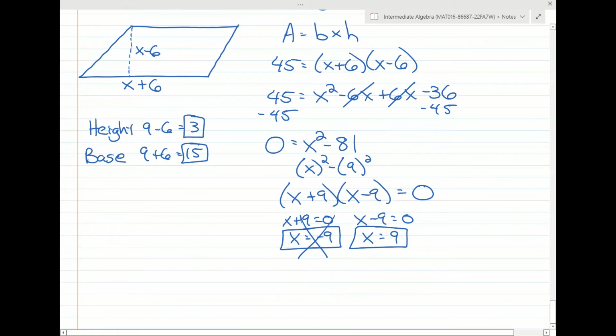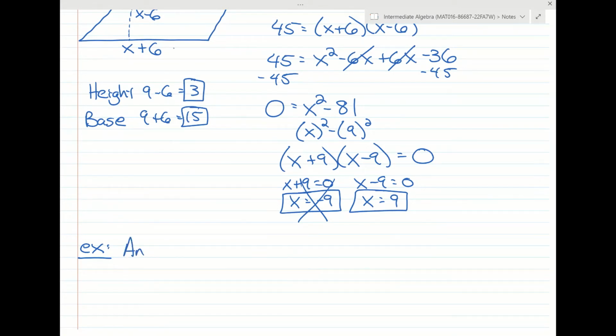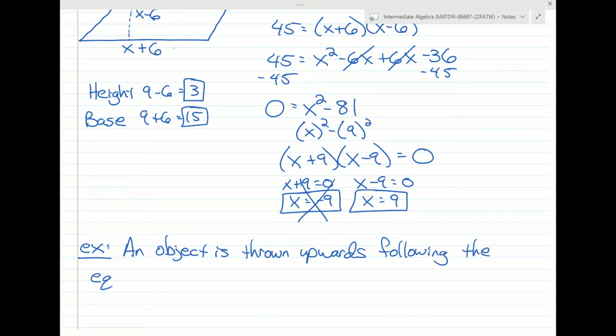All right, a couple more. What if we said an object is thrown upwards following the equation h is equal to negative 16t squared plus 144t plus 160.